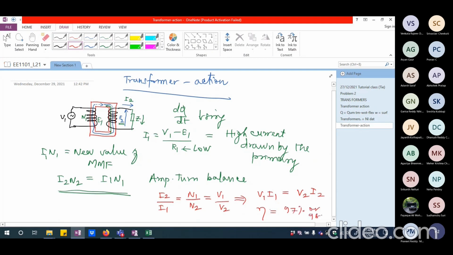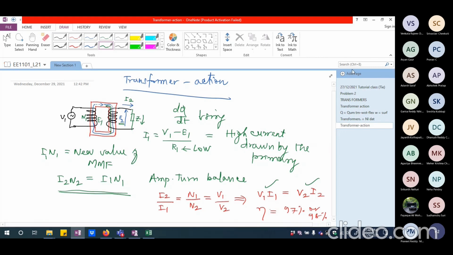There is really not much loss in the transformer. So for all practical purposes, it's okay to say V1 I1 equals V2 I2 unless you are calculating the efficiency very accurately.